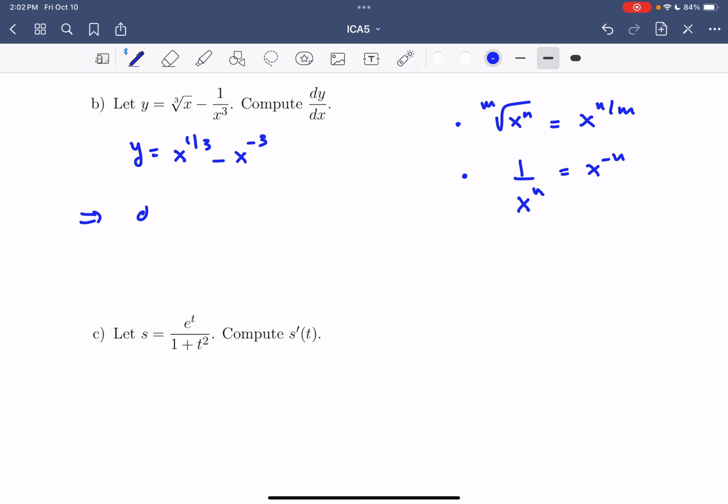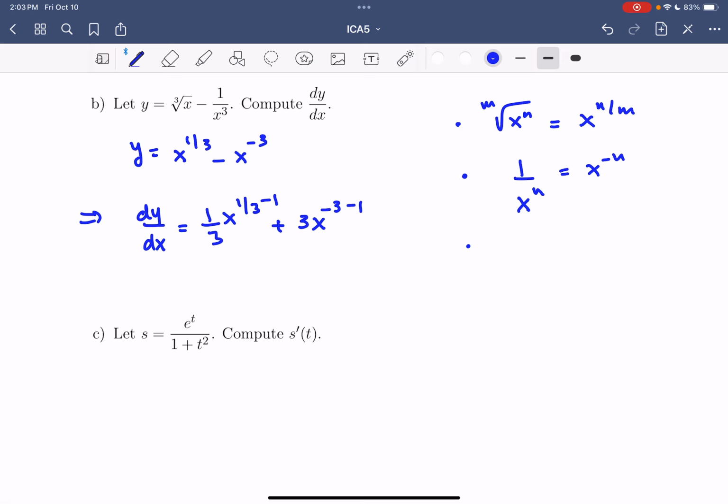Now I take the derivative and I get that dy/dx is equal to, you bring the exponent to the front, I get 1/3 x to the 1/3 minus 1, and then negative 3 times negative, you get plus 3x to the negative 3 minus 1. And you can feel free to skip this step, okay? I'm doing it so that you see where things come from.